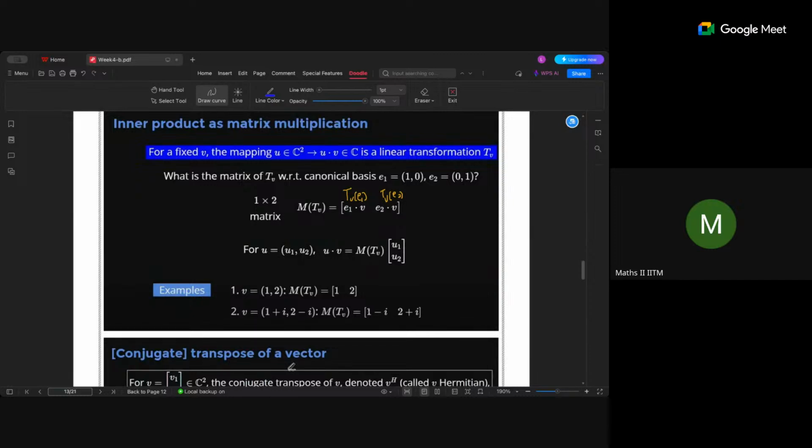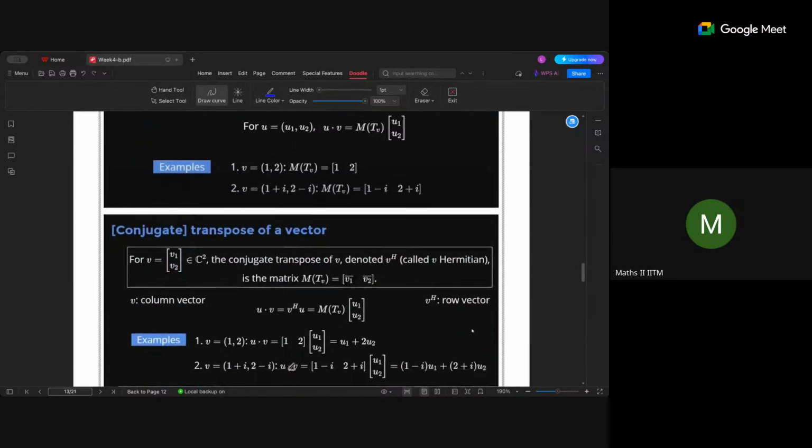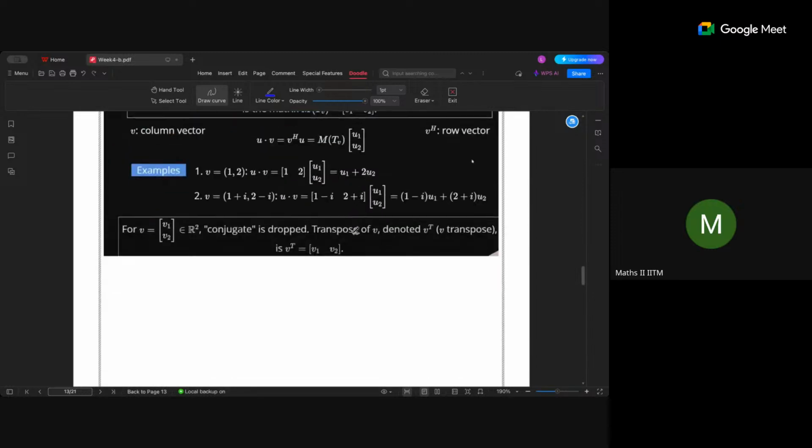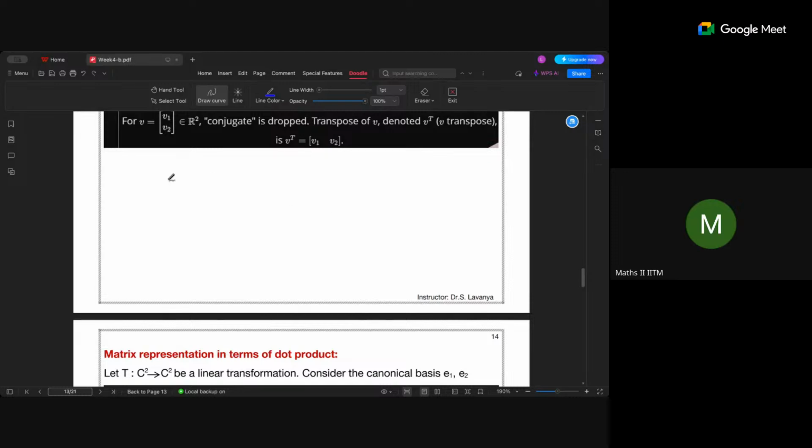So the next concept is the conjugate transpose of a vector. For example, let us say you have (2 plus I, 1 minus I). This was the vector we had earlier also, that's why I took the same example.